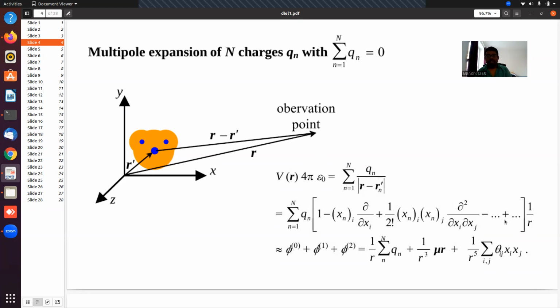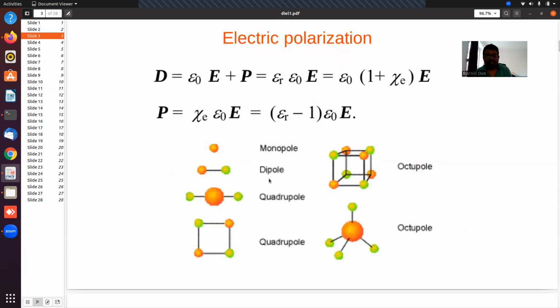So we can approximate it to zeroth order, first order, second order terms. The first and second order terms are the dipole and quadrupole of that charge distribution. When we are very far away from the charge distribution, we see a monopole.